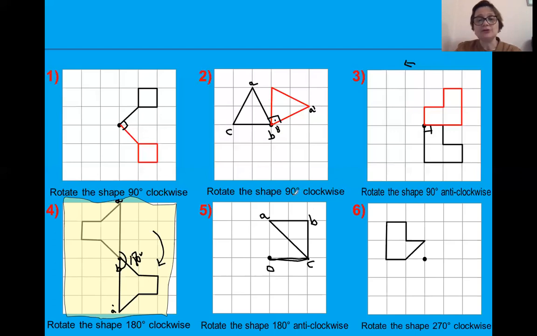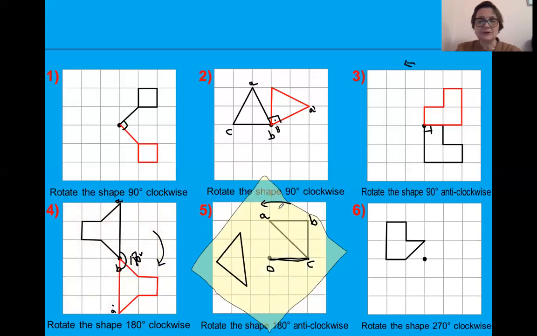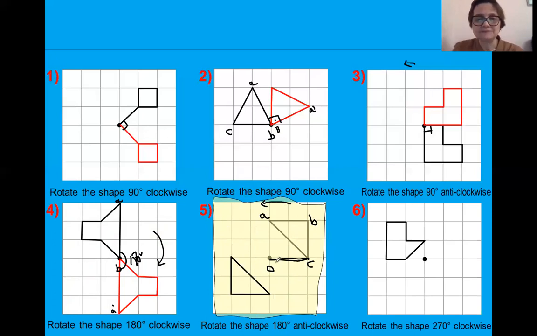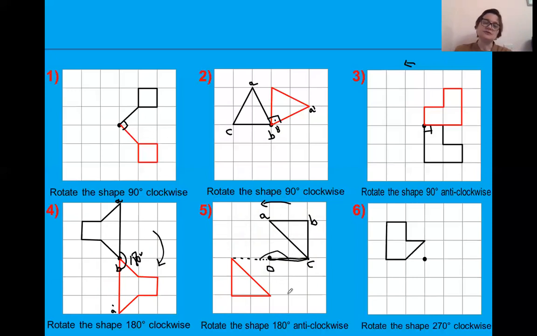180 degrees anti-clockwise. Anti-clockwise is this way. It's best to label the arrow anti-clockwise so you don't make that mistake when you turn the tracing paper anti-clockwise. There you go. And that means, so this is 180 degrees anti-clockwise, which means if you join, this is then with the line, this is going to be the angle that was created.